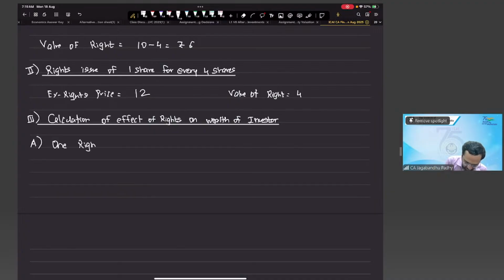One right for 2 shares. That's the first case.